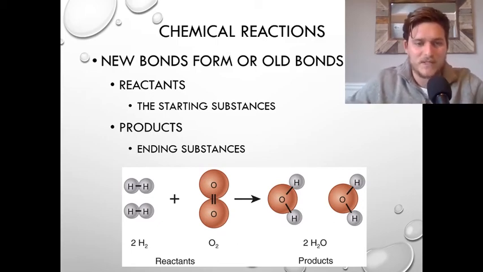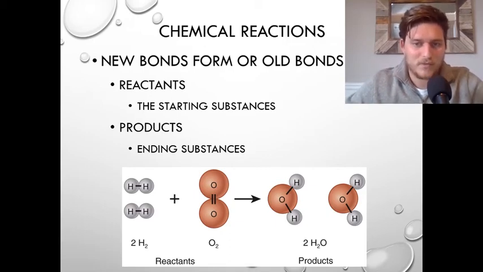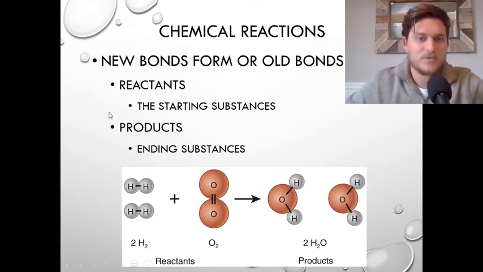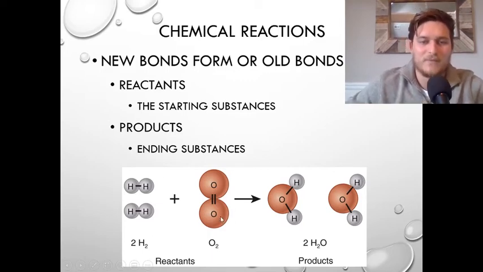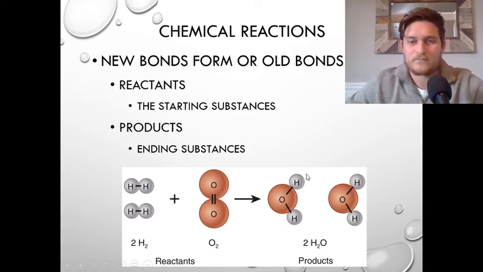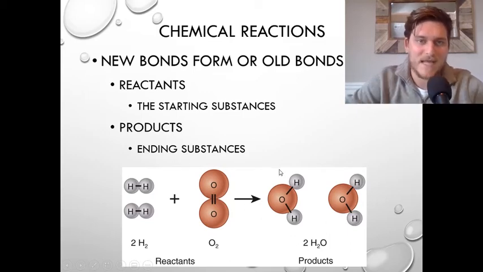So down below we see two hydrogen molecules and one oxygen molecule coming together to form H2O. And so constantly, not only are we going to have different elements coming together to form a bond, but energy is going to be also used to break apart bonds as well.